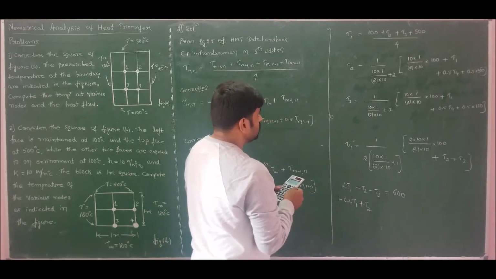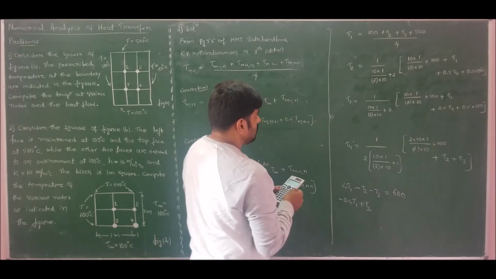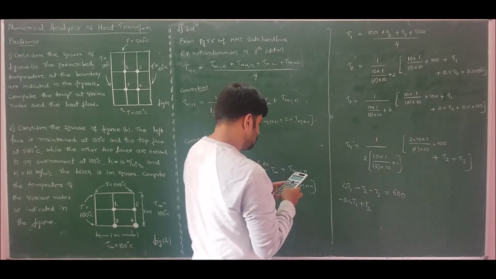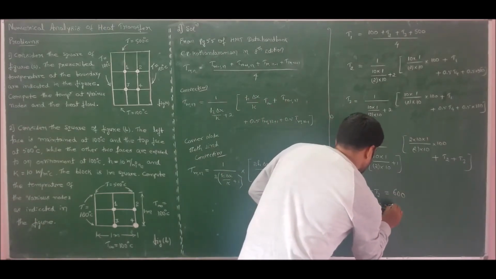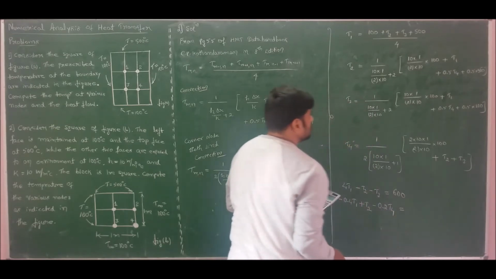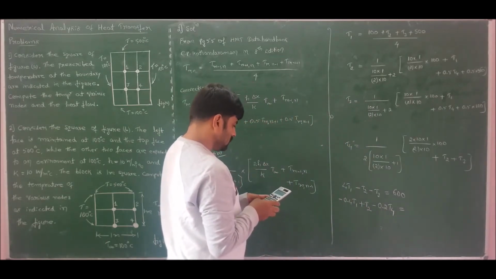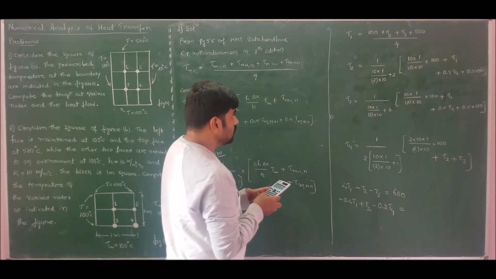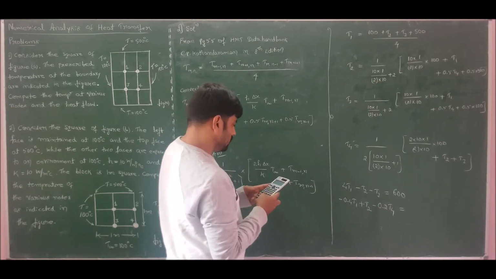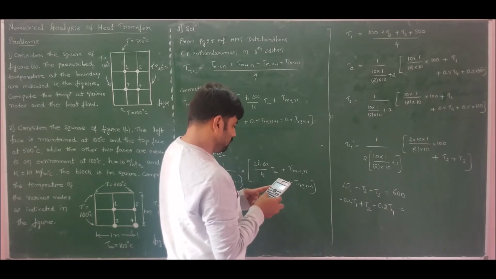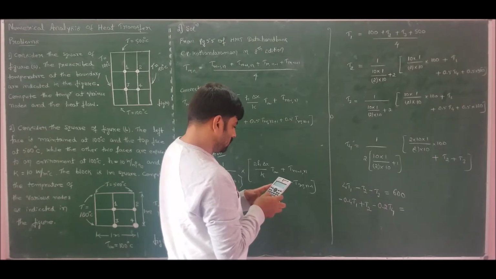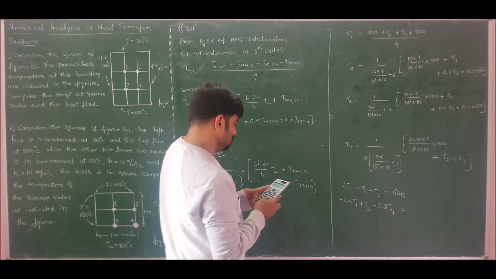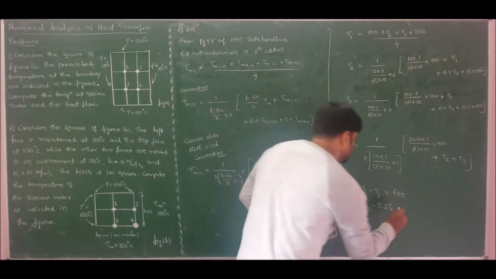So for T4, it is 0.4 into 0.5, which is 0.2, minus 0.2 T4 is equal to 0.4 into 0.5 into 500, which is 100, plus 0.4 into 0.5 into 100, which is 120.